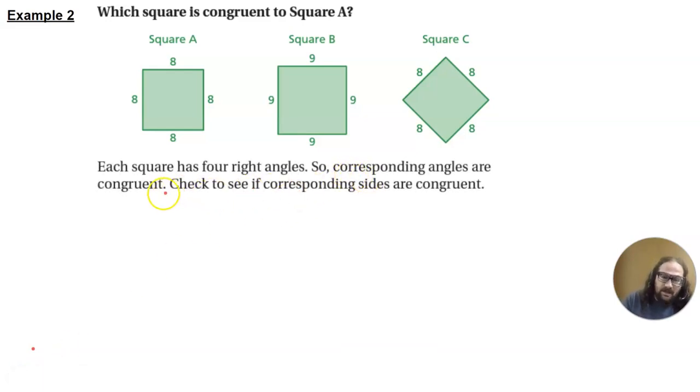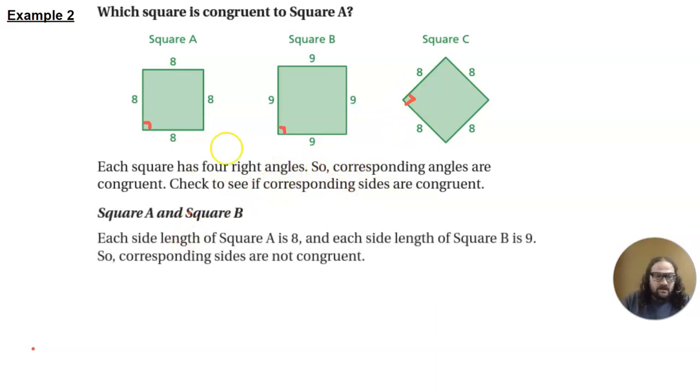So the corresponding angles are congruent. So all the angles are right angles because they're all squares. So all of the angles are congruent, but we need to see if corresponding sides are congruent. If you look at squares A and B, they have different side lengths. So that means that the corresponding sides are not congruent. So square A and square B are not congruent.